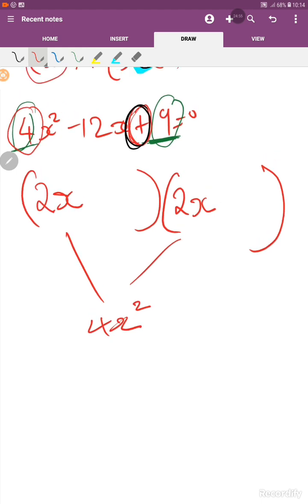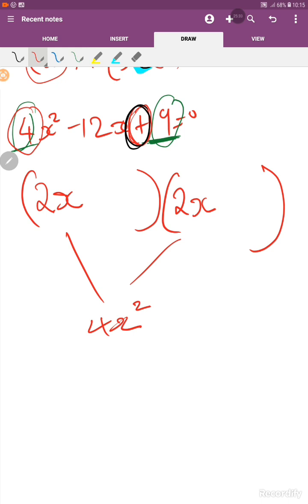Listen, only if the coefficient of x squared is a number that can be produced by multiplying some number by another number. What am I saying?